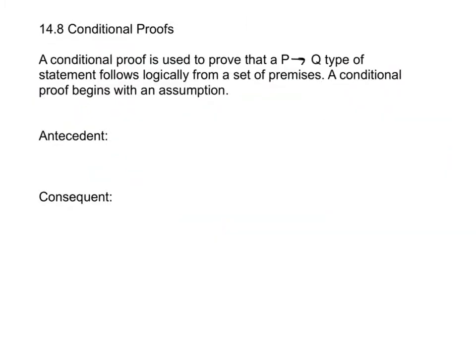So this is the second type of proof. It's called a conditional proof, and it's used to prove that an if P then Q type of statement follows logically from a set of premises, and therefore a conditional proof begins with an assumption. An antecedent is the first part of a conditional statement, and it's assumed true.